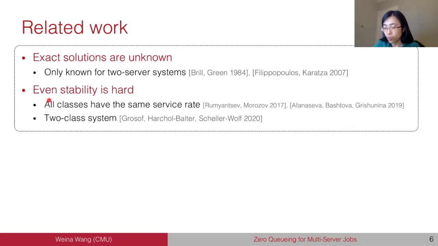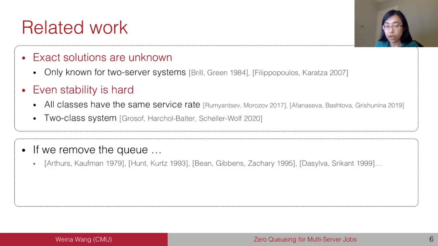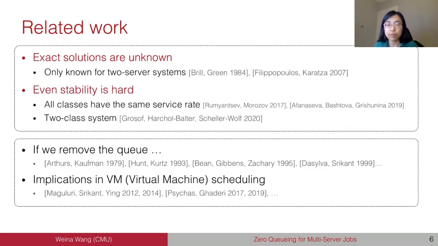It is only known when all the job classes have the same service rate or when we only have two job classes. Our multi-server job model is also related to the loss model and also the virtual machine scheduling problem. So in summary, characterizing latency of multi-server jobs has been a hard problem.